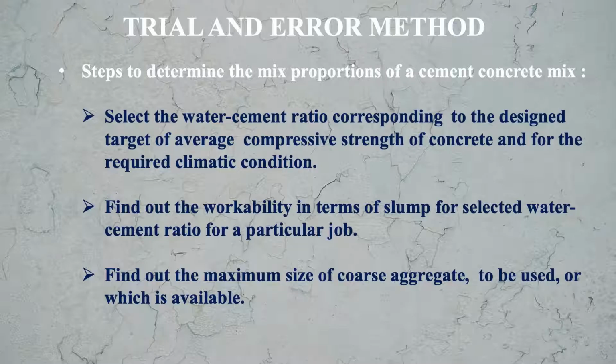Now the next step is to find out the maximum size of coarse aggregate to be used or which is available. So based on that we will be finding the maximum size of the aggregate.